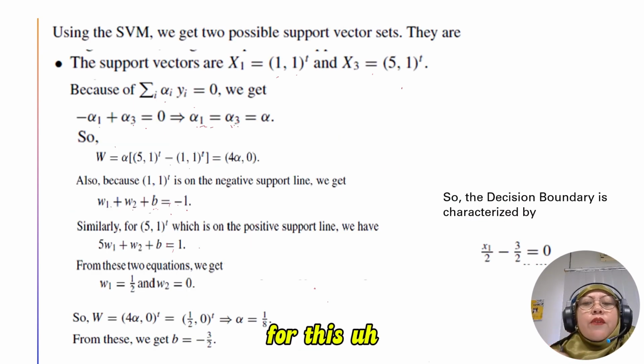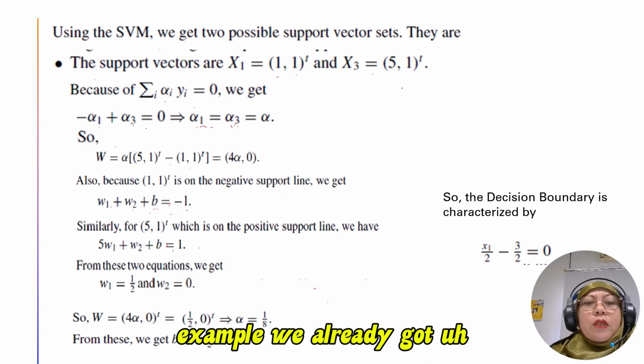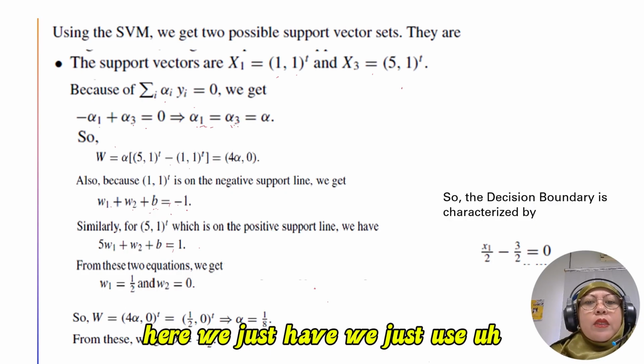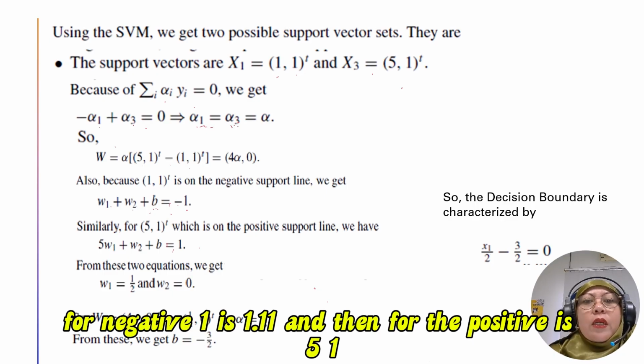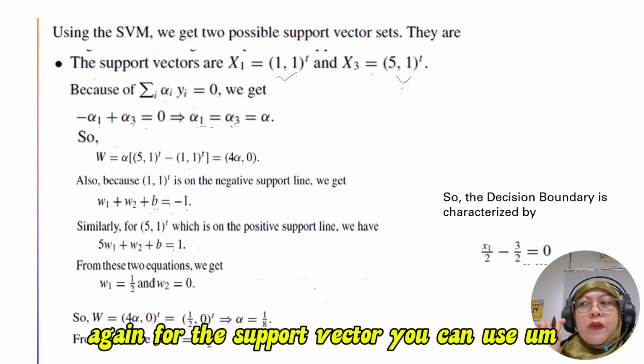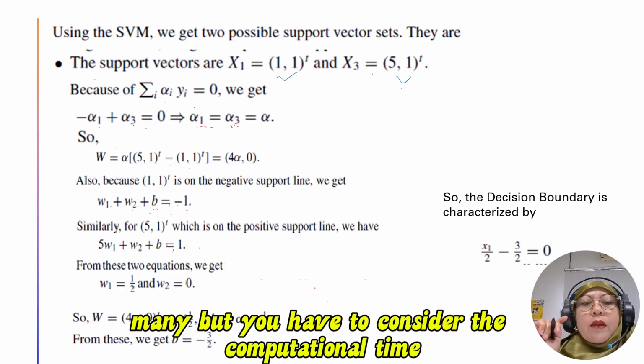For this example we already got the solution. Here we just use 1.11 for negative 1, and 5.1 for positive. So only two support vectors are used. Again, for the support vectors you can use many, but you have to consider the computational time.